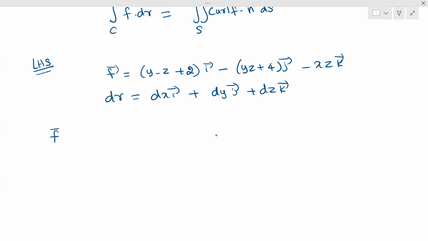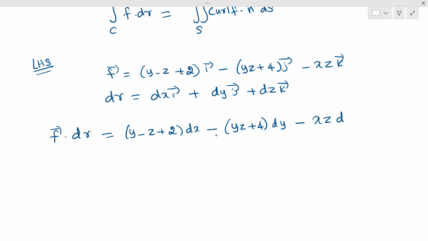Here we have to find F dot dr. In the dot product, we know i dot i is 1. So we will get (y minus z plus 2) dx minus (yz plus 4) dy minus xz dz. So this is our function.